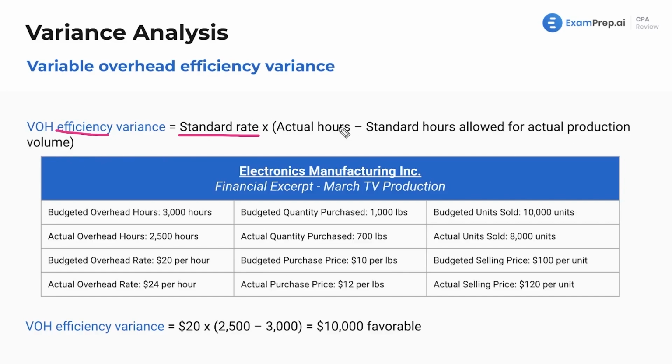Same plug and chug approach. $20 per hour of overhead rate, and we've got our two magical numbers here. That gives us $10,000 of favorable variable overhead efficiency variance because why is that? We actually spent less hours than we budgeted for. Great. I'm very glad to hear that.